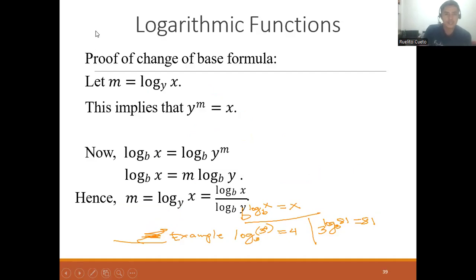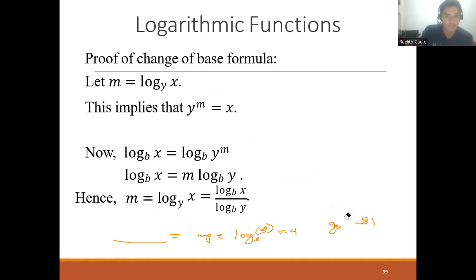So this is the proof of the change of base formula. Okay? So we have here, let m equal log of x to the base y. This implies that y raised to m is equal to x.